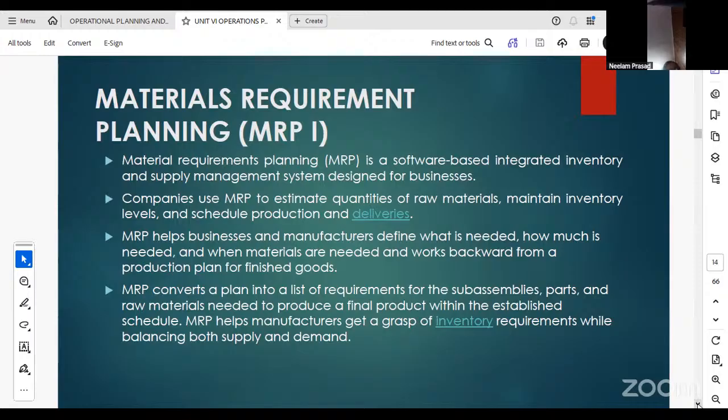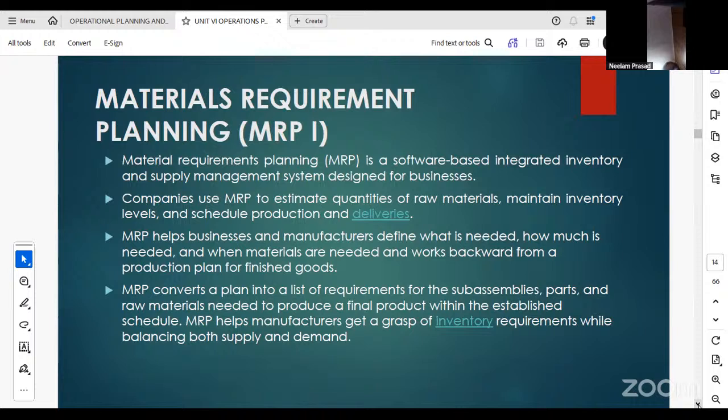MRP converts a plan into a list of requirements for the sub-assemblies, parts, and raw materials needed to produce a final product within the established schedule. MRP helps manufacturers get a grasp of inventory requirements while balancing both supply and demand.